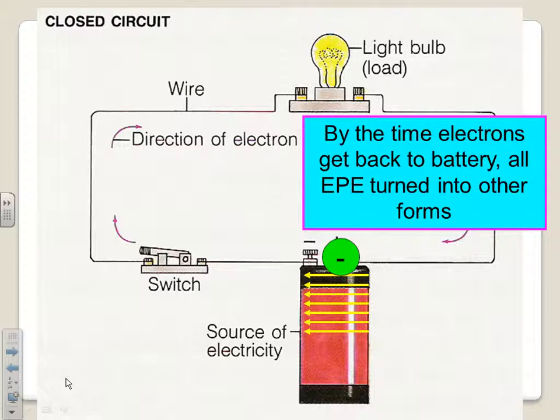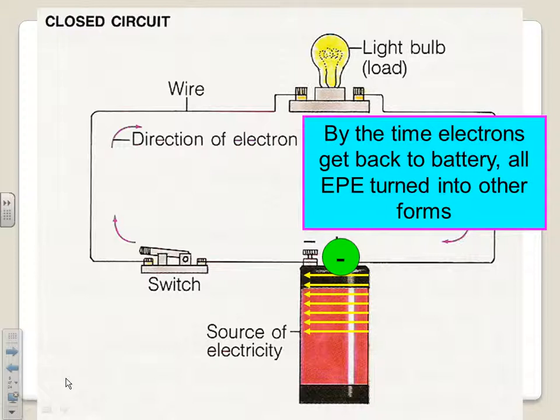Now that those electrons have made one full trip and are back at that positive terminal, they like being there. Will they move from that spot? Not on their own, right? But we can make them move if we do what to those electrons? What do we say the battery does?